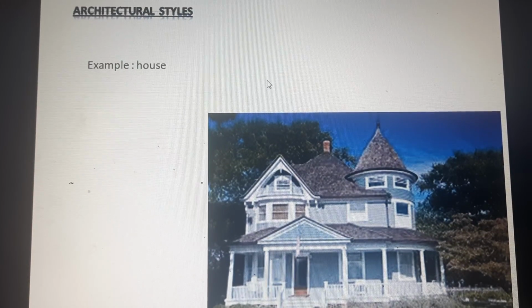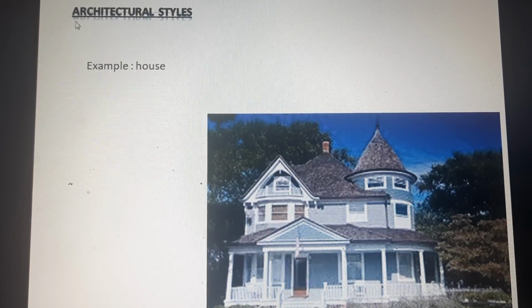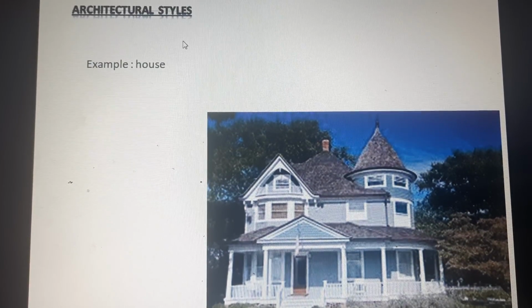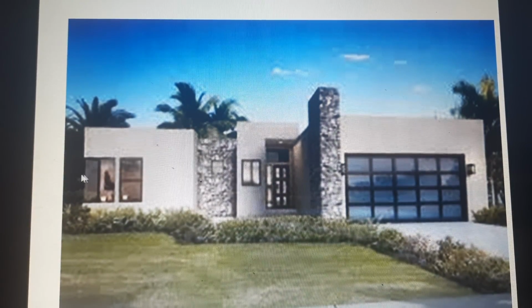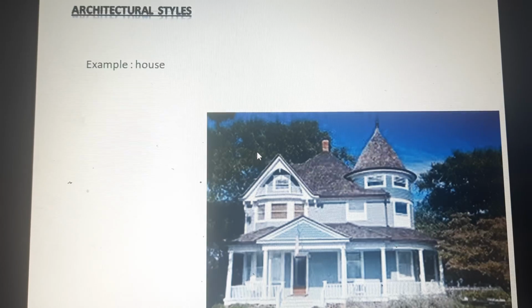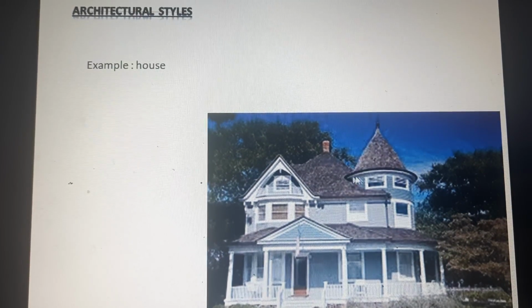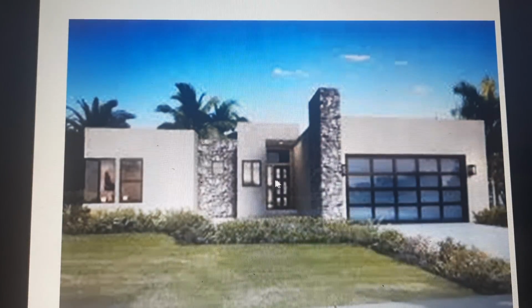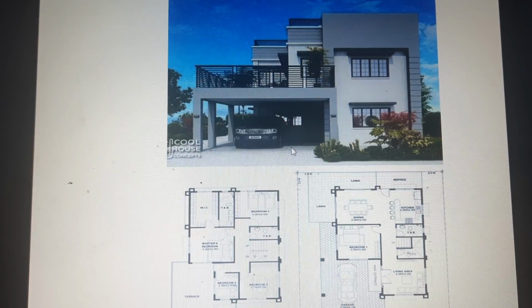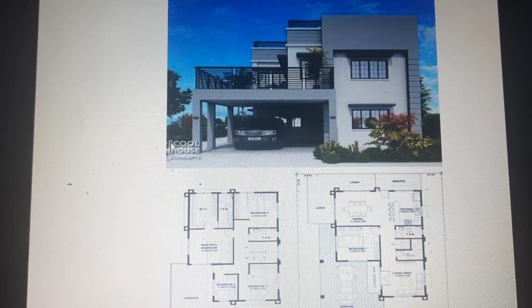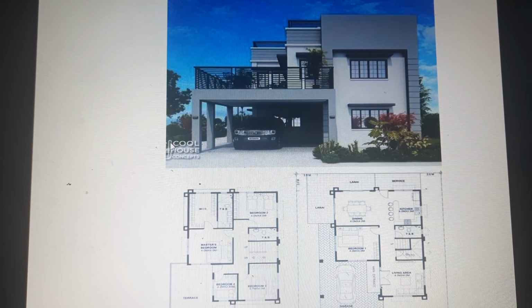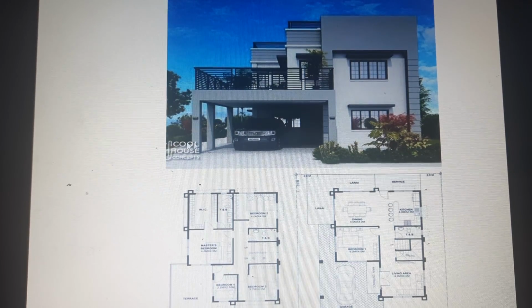So this one example is given, and in architectural styles we have various types. This is one example, in the square shape, and the previous was this style. So this is one style and this is the second style. Now see, when you want your house to be constructed, does the house start building like this?